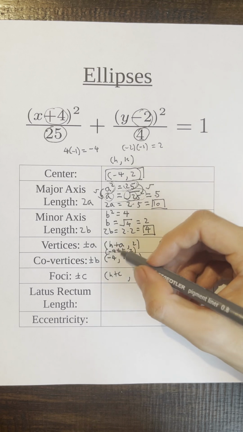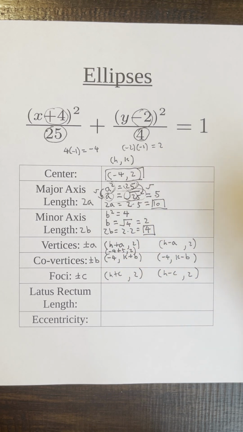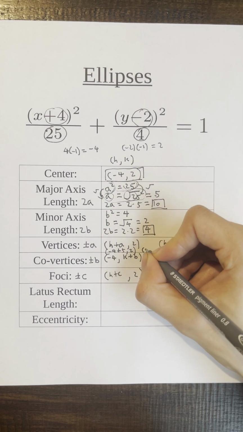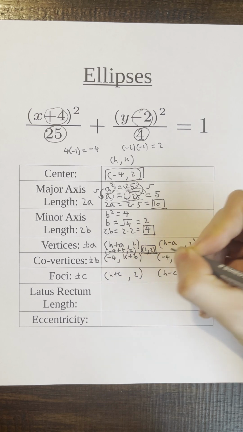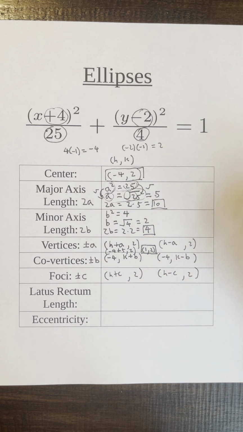All right, and what's -4 plus 5? -4 plus 5 is 1. Okay, so this is one vertex. Now I want you to pause the video and repeat my steps for this vertex. The only thing that changes is the minus sign here.